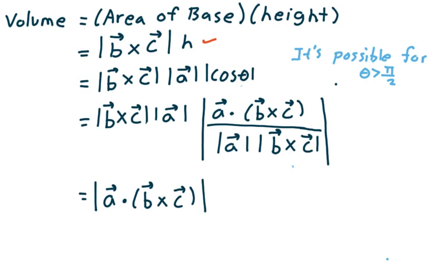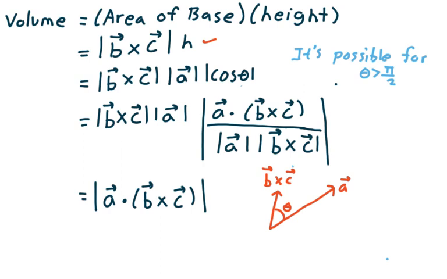Now, let's recall something. So if this is a and this is b cross c, and theta is the angle between a and b cross c, I can replace cosine of theta with the dot product of a with b cross c divided by the magnitude of a times the magnitude of b cross c.